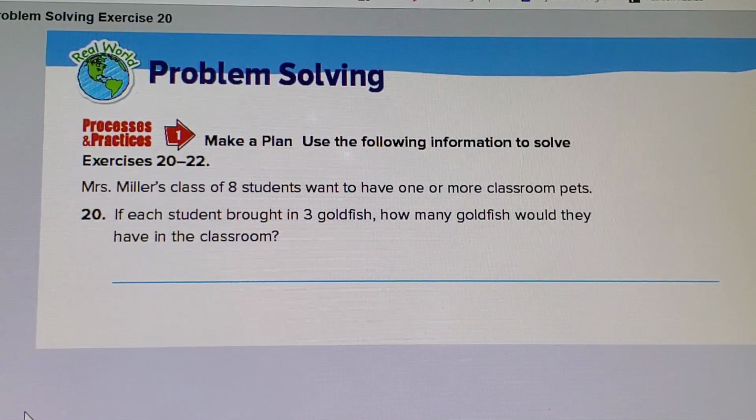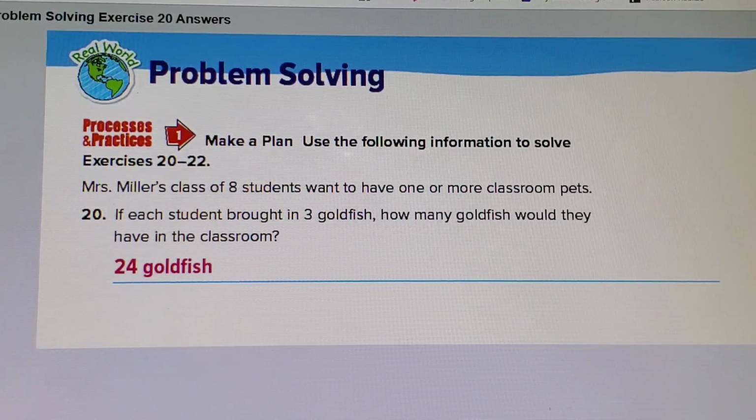So start with how many students, write that on the line, times how many goldfish each person brought in, and then look it up on your chart, and that's how many goldfish you'll have. So I would prefer if you wrote 8 times 3 equals 24 goldfish.